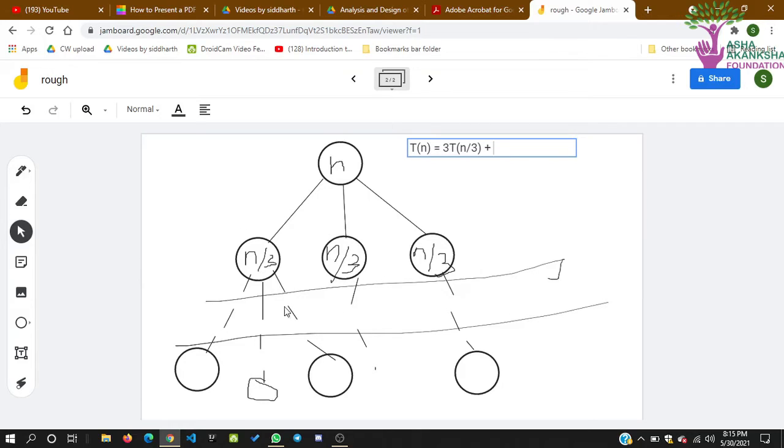In this case, the amount of work being done is equal to n by 3 plus n by 3 plus n by 3, which is equal to n. So in this particular level, the amount of work is equal to n.